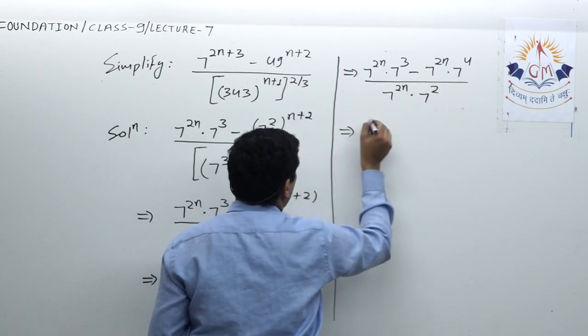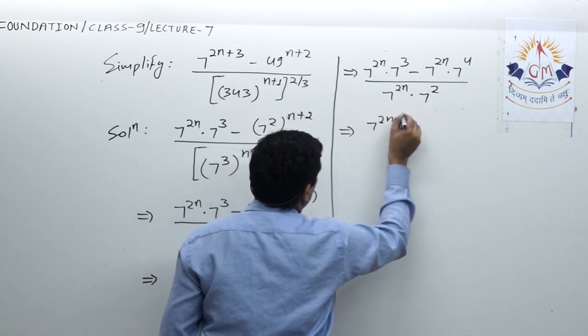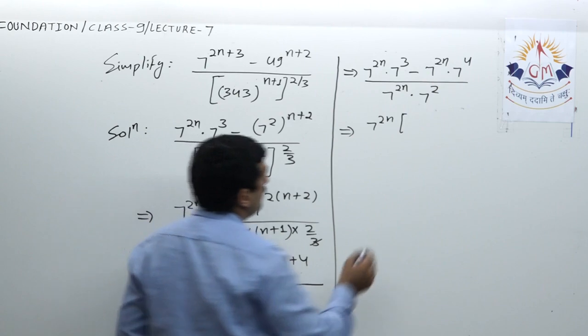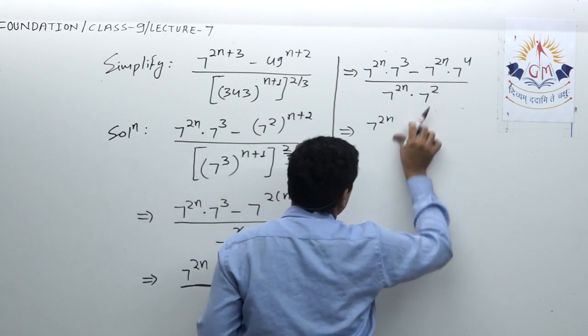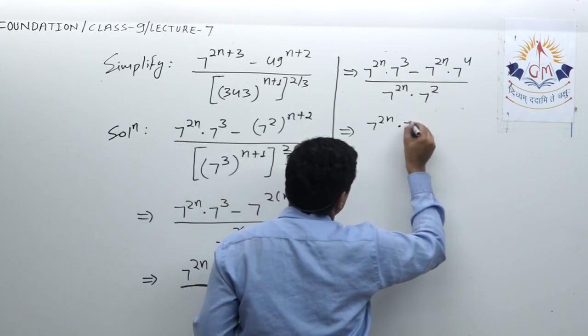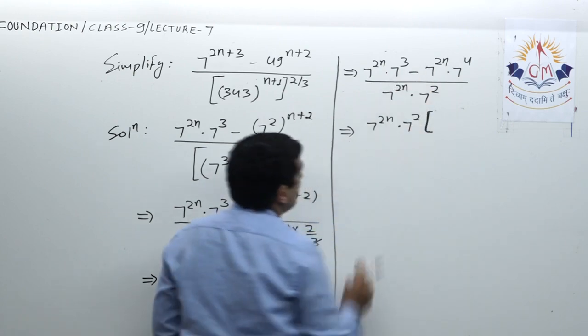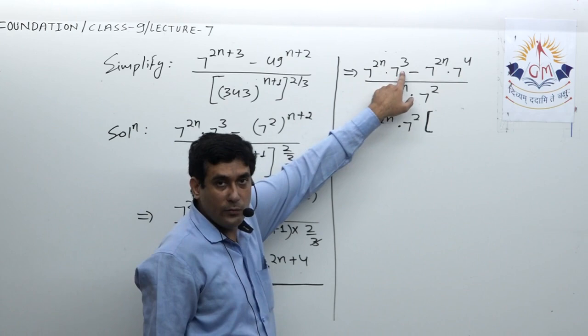Now I can take 7 raised to 2n common from the numerator, as well as 7 square common. This is 7 cube, that means I can write 7 square into 7.